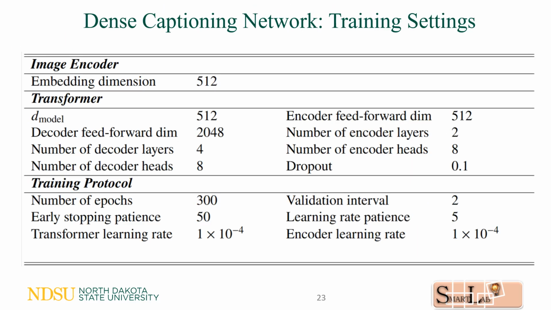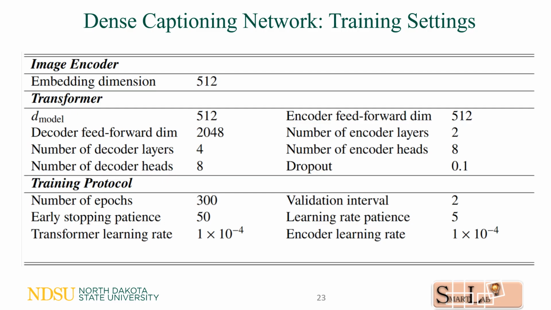So let's move on to the training settings for the dense captioning network. For the image encoder, we use an embedding dimension for the visual tokens of 512. So that's the embedding dimension for the token embeddings for the images. For the transformer, when it comes to the text part, for the D model, the vector dimension for the text, we use a dimension of 512.